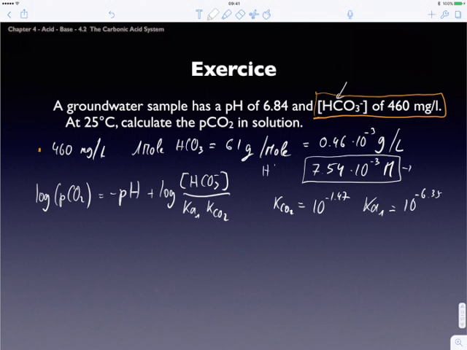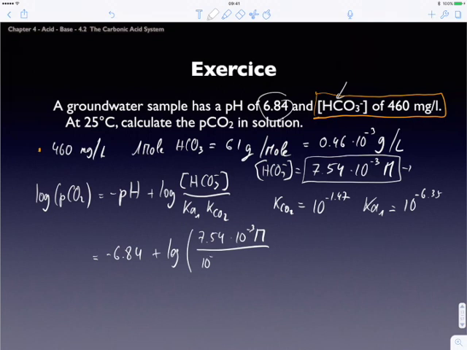This is your HCO3 concentration in molar. The pH we know, so we can calculate that. It's pretty easy. So at the end you will have, in this case, minus 6.84 plus the log of 7.54 times 10 to the power of minus 3 molar divided by 10 to the power of minus 1.47 times 10 to the power of minus 6.35.